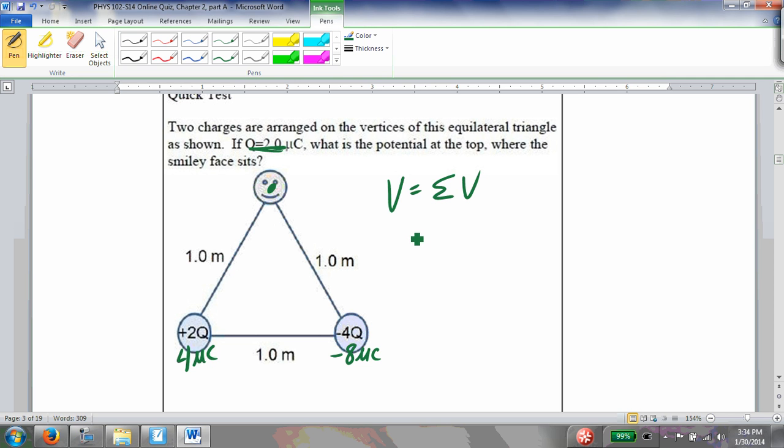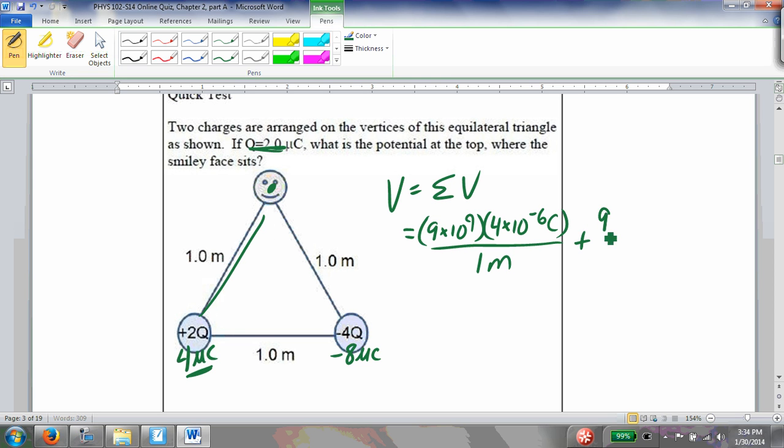All right, so nothing fancy. I'm just adding up these scalar quantities. And remember, potential is kQ over r, so this is going to be k, which is 9 times 10 to the 9th, times Q, I'll do this one first, 4 microcoulombs divided by this distance, which is 1 meter, plus k, 9 times 10 to the 9th, times Q, this charge, which is minus 8 times 10 to the minus 6 coulombs, divided by 1 meter.